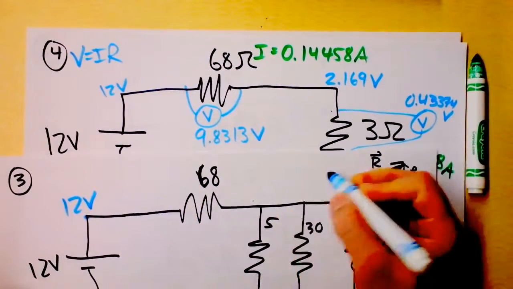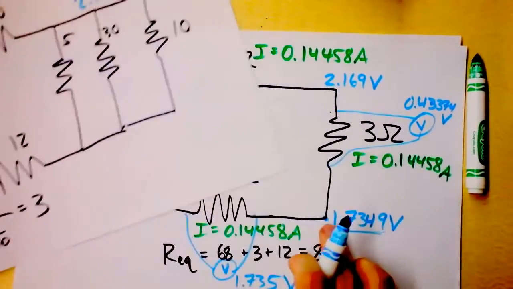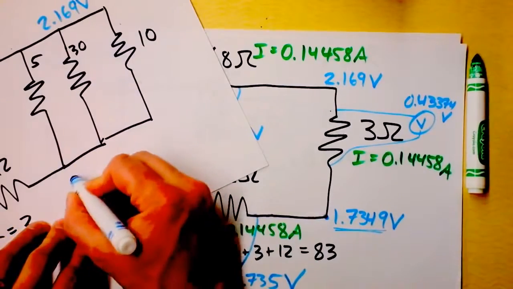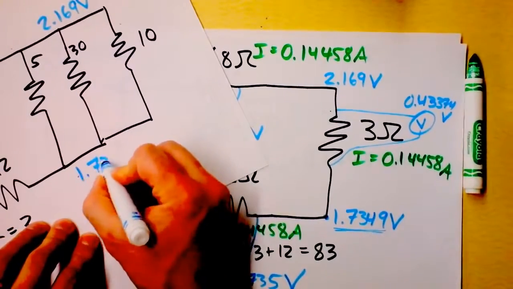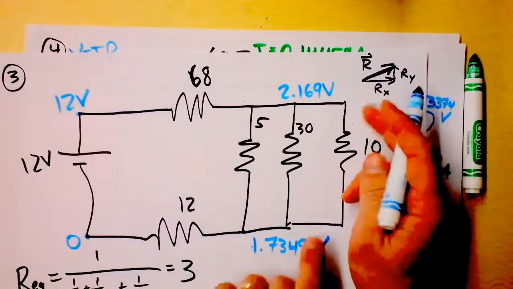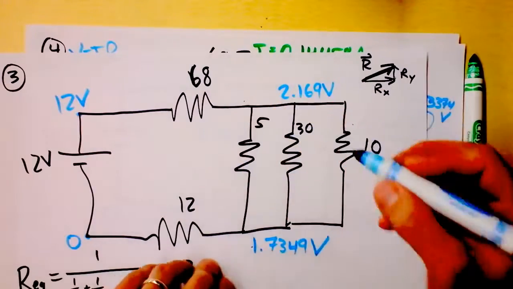So this location up here is 2.169 volts. And the location down here on the other side of that equivalent resistance, well, it's all of this area here, but that's 1.7349 volts. So the voltage drop across here is the same for all of them.